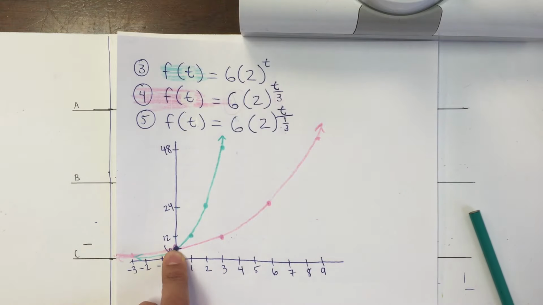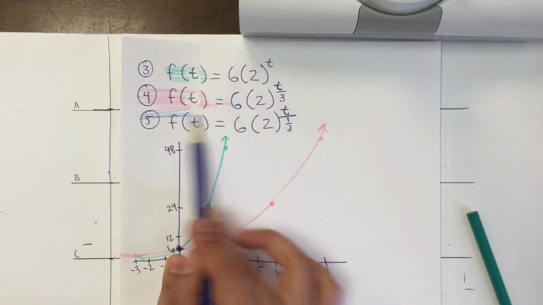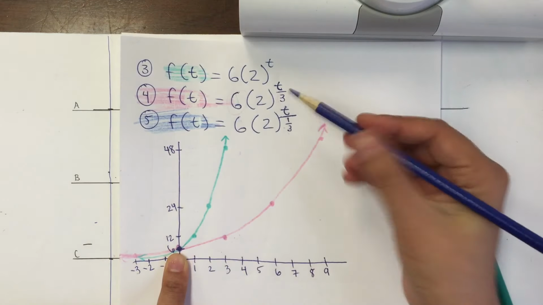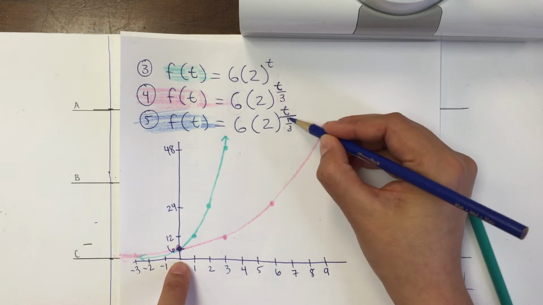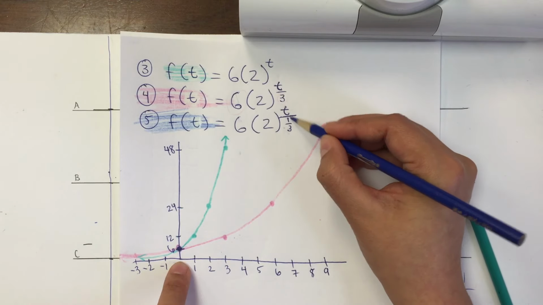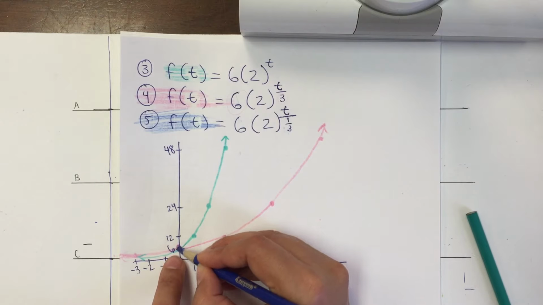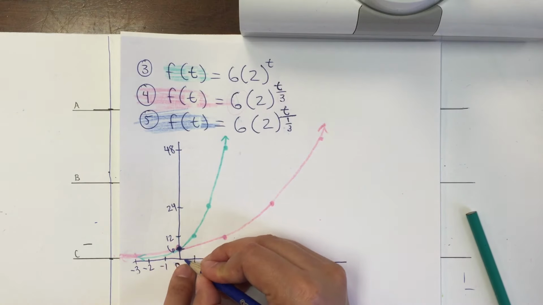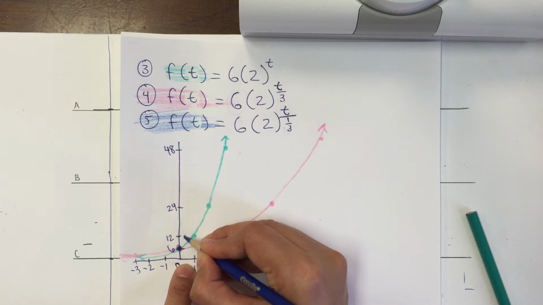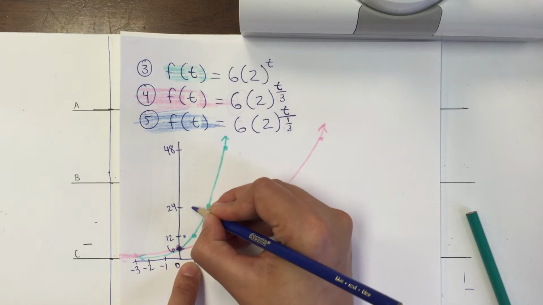For the next one, I'm going to use this blue. And so what is happening? It doubles every 1/3 of an hour, meaning every 20 minutes. So we start with the same initial point, but after 20 minutes, it's going to double. And another 20 minutes, and it will double.